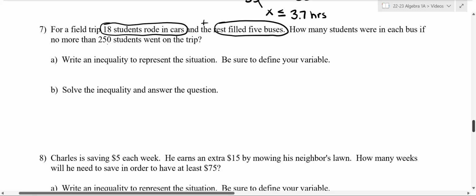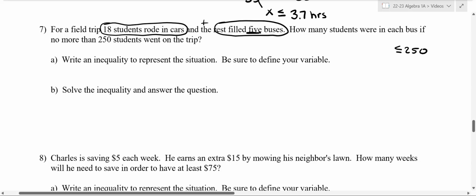No more than 250, so 250 was the maximum, right? The number can be 250, it can be less than 250, but it cannot be bigger than 250.